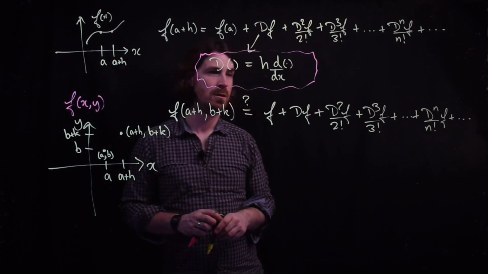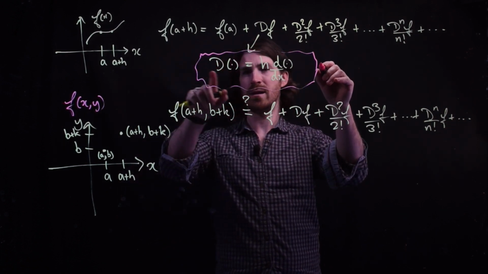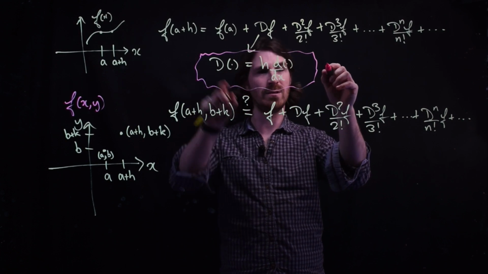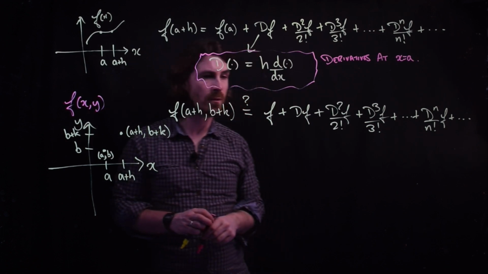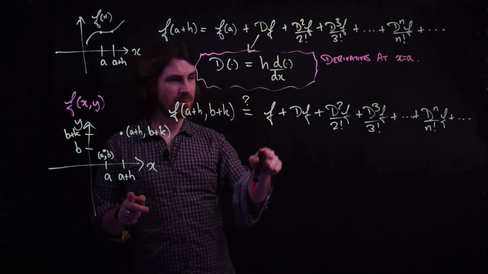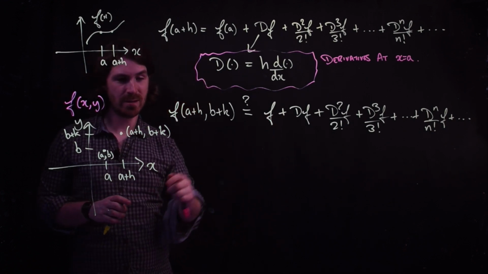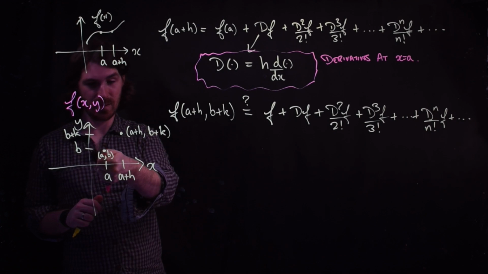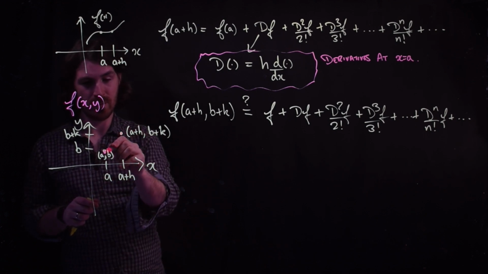And yes, in this case, the derivatives are taken at the point x equals a. In this case, the derivatives, d, we're going to find out what they are in a second, but they're going to be taken at the point x equals a, y equals b. This point here.